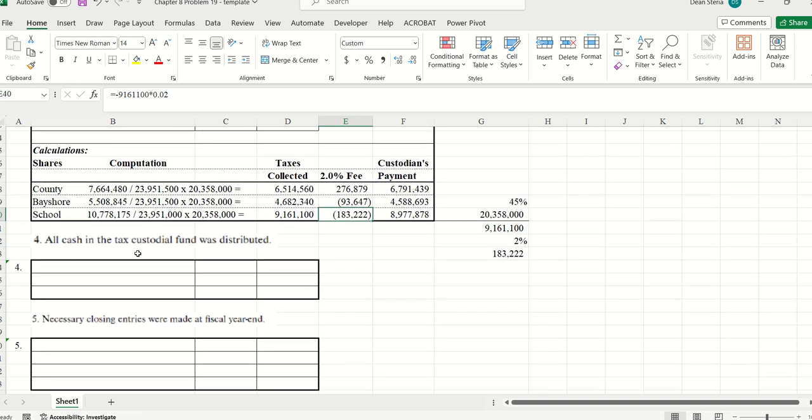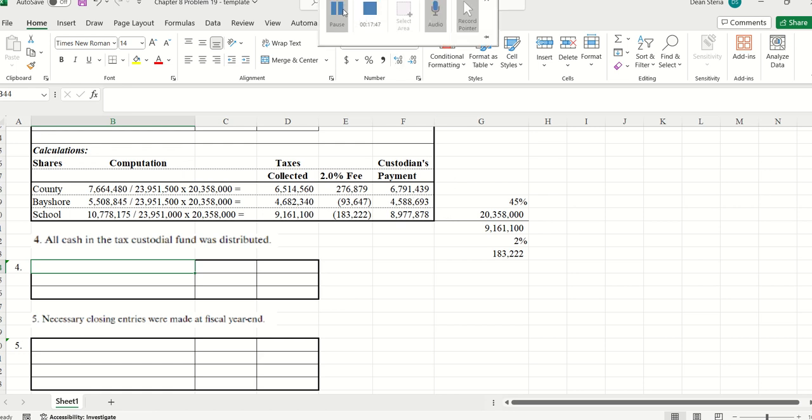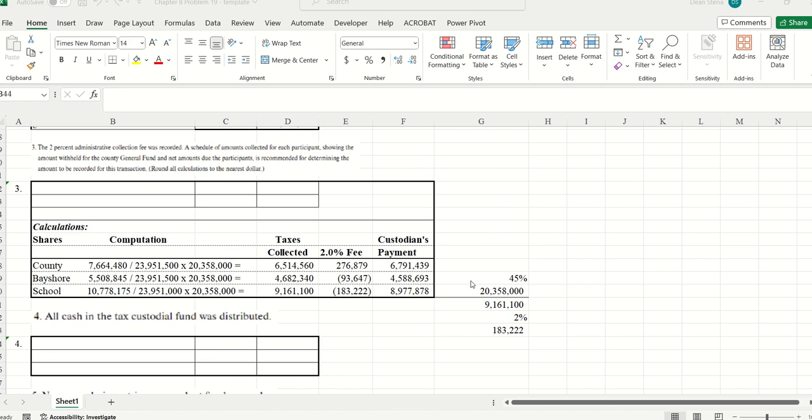So all the cash in the custodial fund was distributed. Okay, so now we have the fee that we're going to get, right?